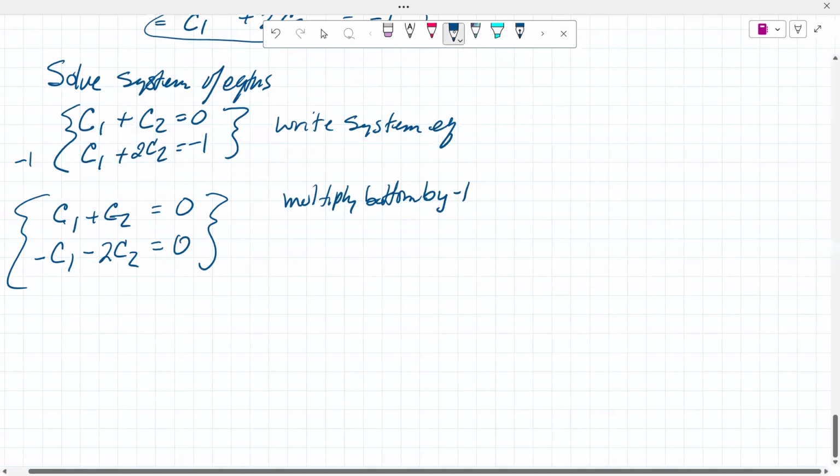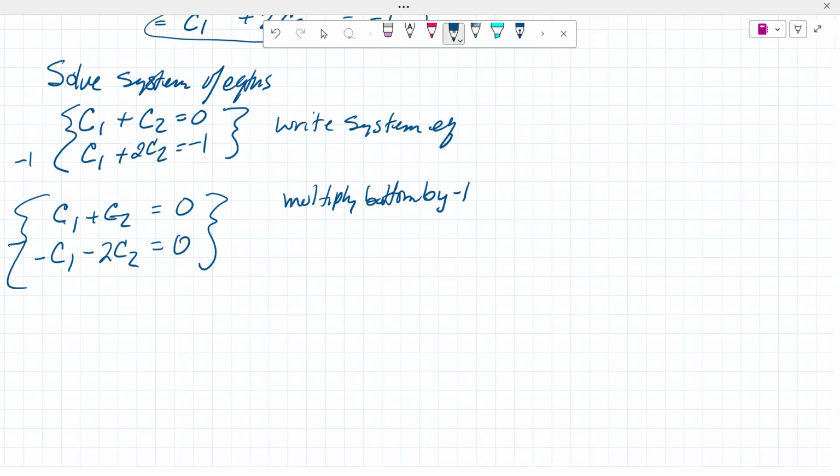And now we're going to add them together. That's an allowable operation. So these cancel. And C2 minus 2C2 would be 0 minus C2 equals, wait, this is wrong.